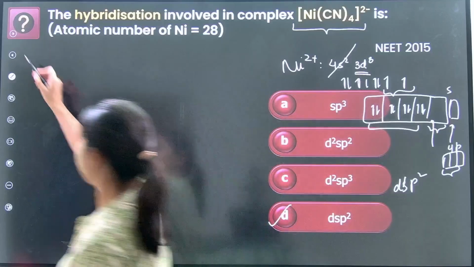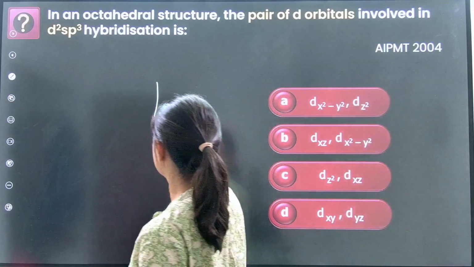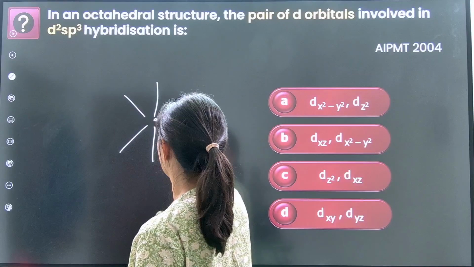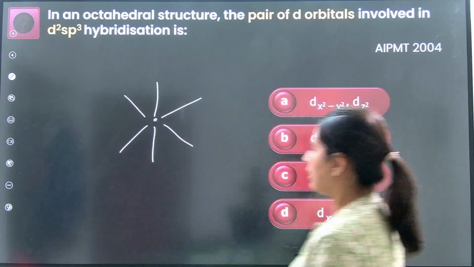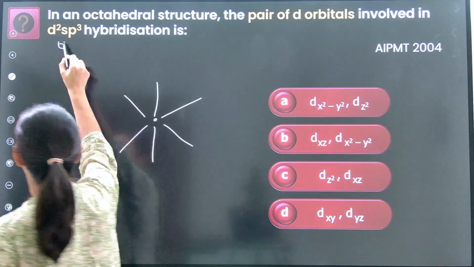All right, next rapid fire question. Let's see who gives it fastest. In octahedral structure, the pairs of d orbitals involved. If you remember, this is how your d2sp3 looks. Even if I say sp3d2, the answer will not change.